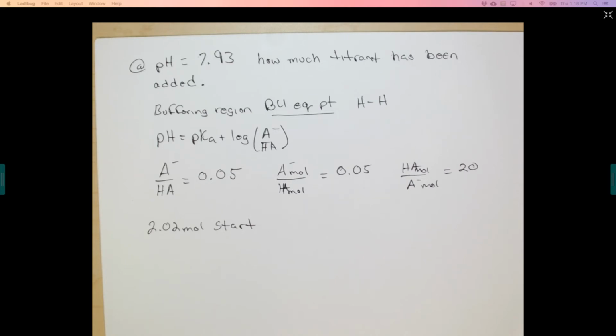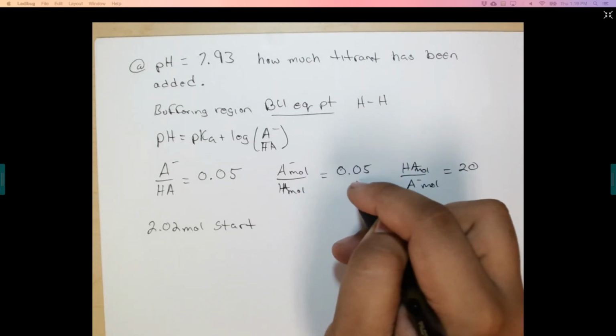If we take 0.05 divided by 2, that's 0.025. If we take 0.1 divided by 2, we're at about 0.05. So roughly about 0.1 of that needs to be changed, or roughly about 5%.